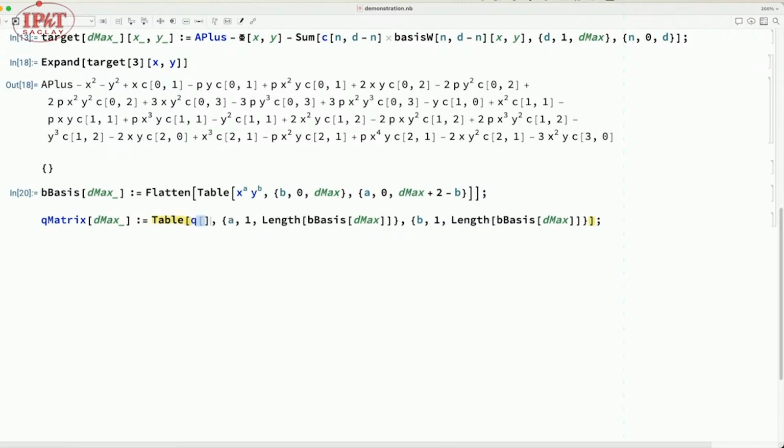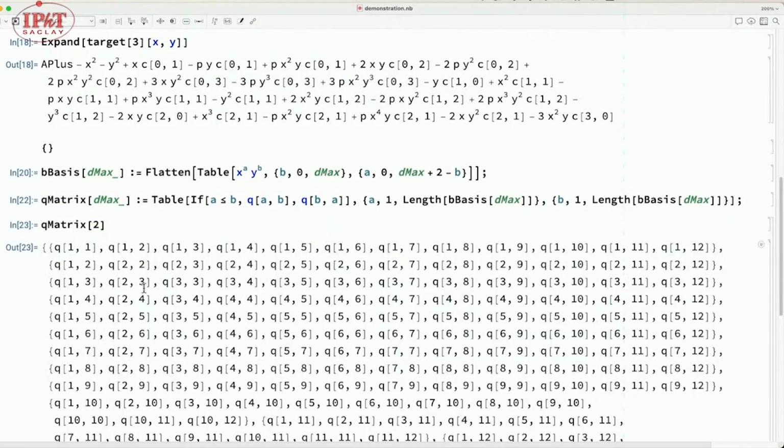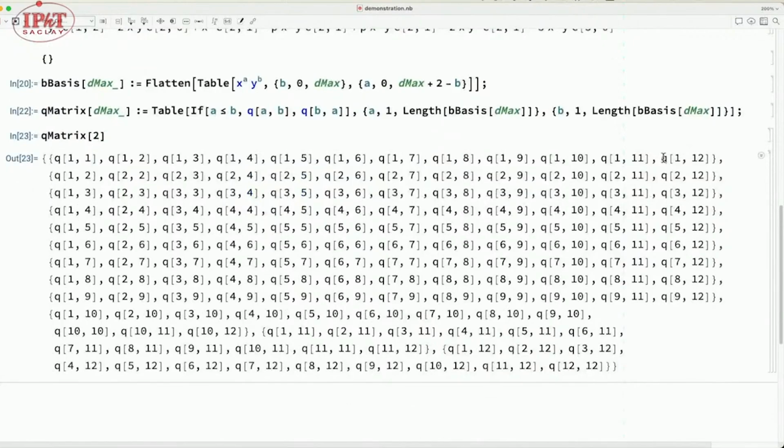And then we just keep it general. Q is the entry at position a and b, but we want it to be symmetric, so let's implement symmetry in this way. If a is less than b, then we put Q a b, and otherwise we put Q b a. Now this is a symmetric array whose size is the length of the b basis. It's not too large.